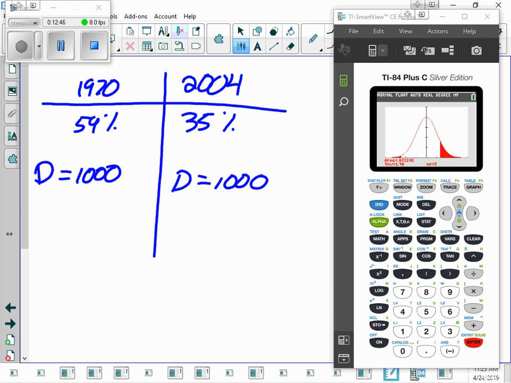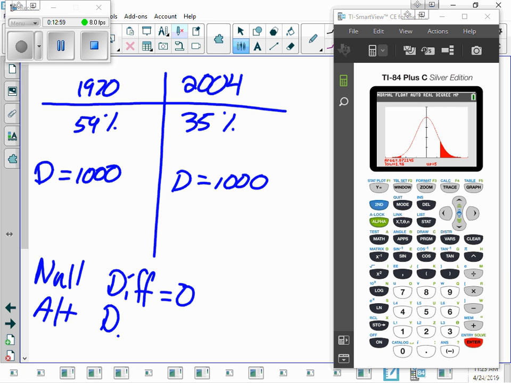So I need to compute the difference. Now, once again, the null is going to be the difference is equal to 0. And the alternative hypothesis will be the difference is greater than 0. I need to compute SDs.